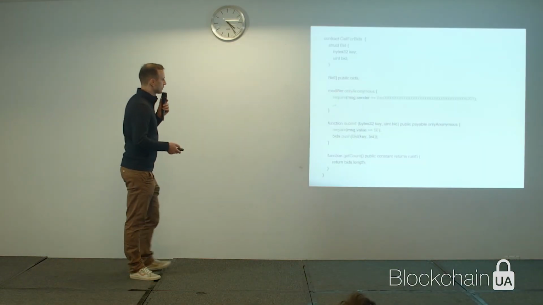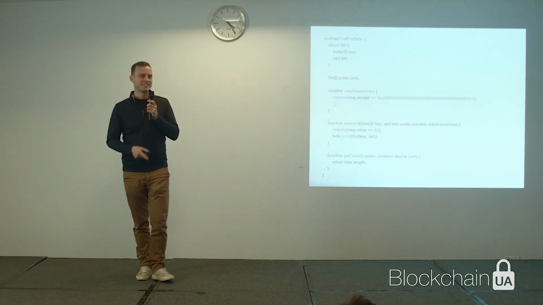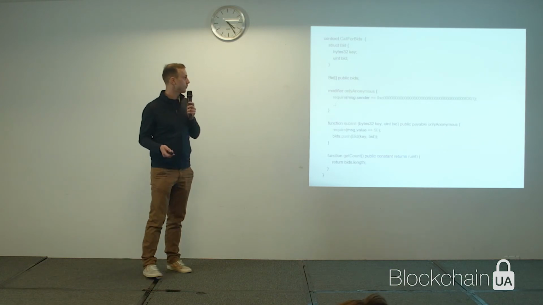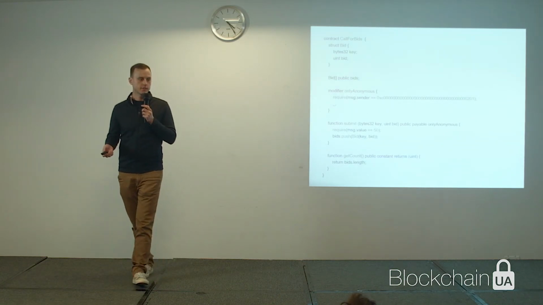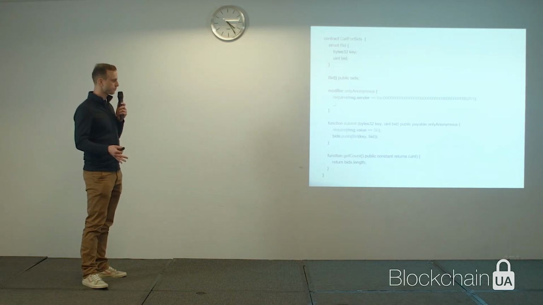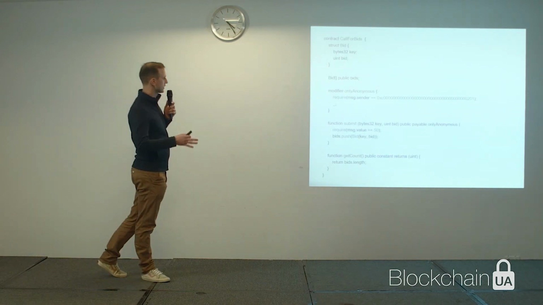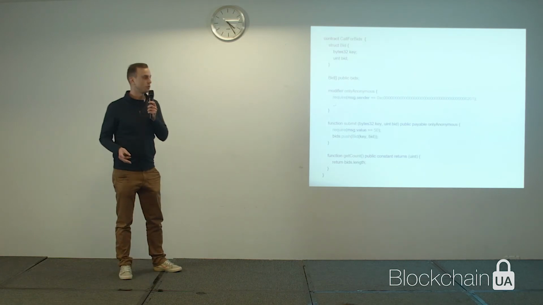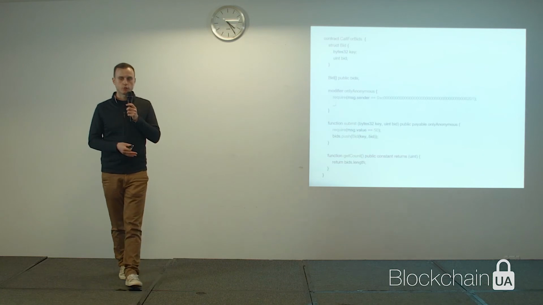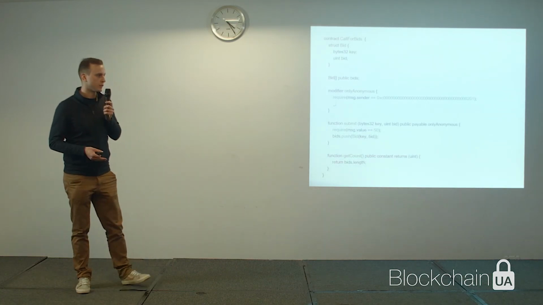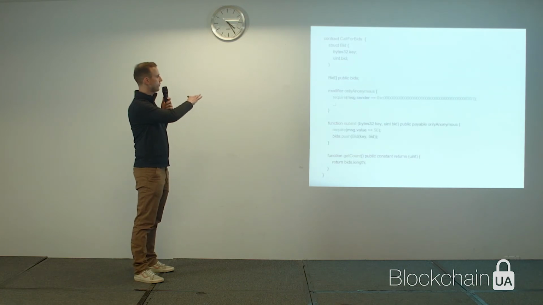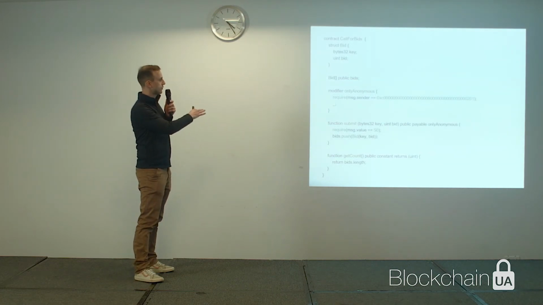So here's a simple demo of the work that I did. Let's imagine that we have a simple smart contract that you want to execute anonymously. For example, it's a call for bids from a governmental organization, and what you have here is just a list of bids. You can submit your bid.